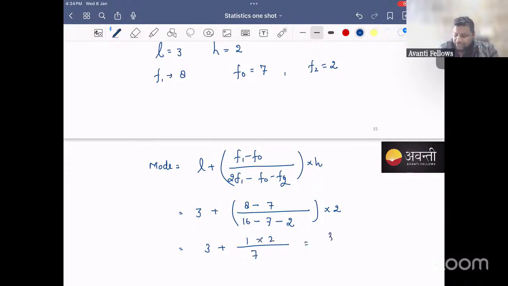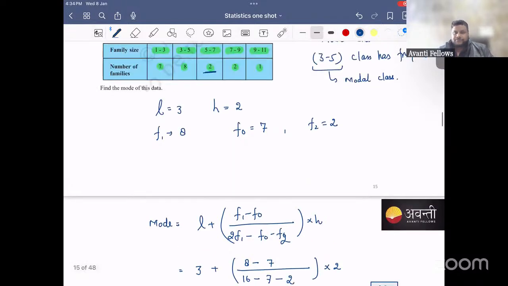So it is 3 plus 2 by 7. So that would be 7 3s are 21 plus 2, 23 upon 7. This is the mode of this grouped data. Got it? Have a look.